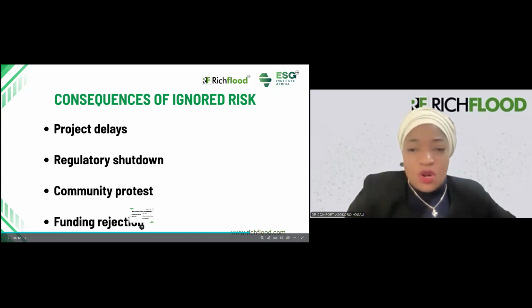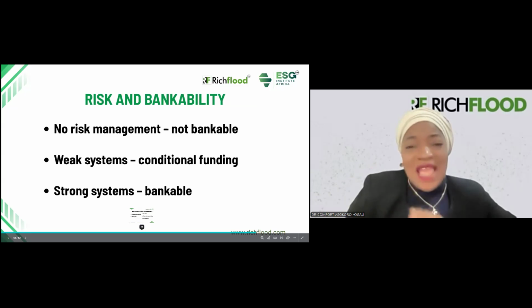But when there is a strong system and structure, like we discussed in the last episode and in future episodes, where we discuss the systems and structures that need to be put in place for a project to succeed, the project becomes more attractive to lenders. They become more bankable. Bankability is directly tied to how risks are managed, not the lack of existence of risk. It is basically how the risks are identified and how they are managed.